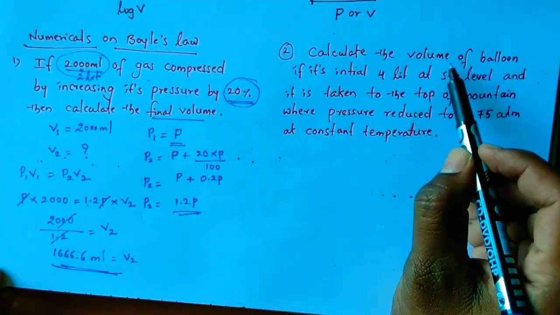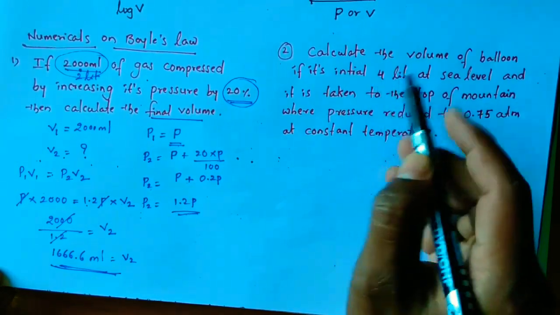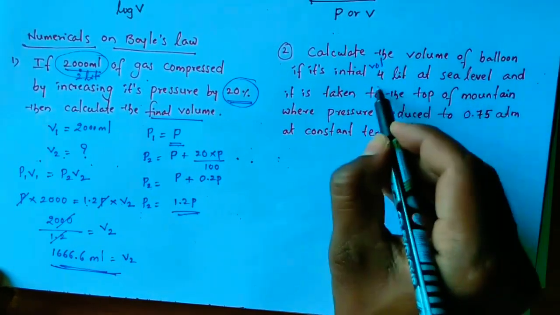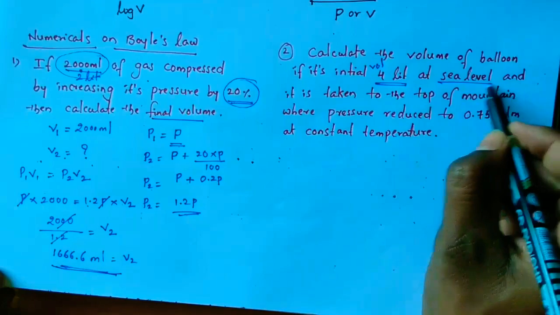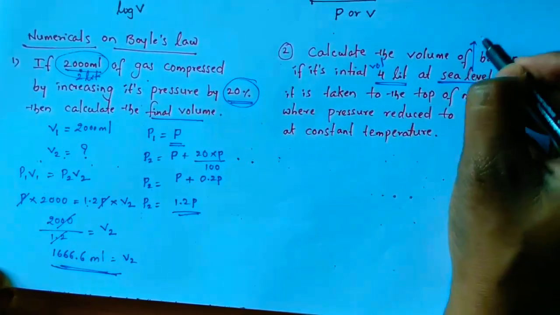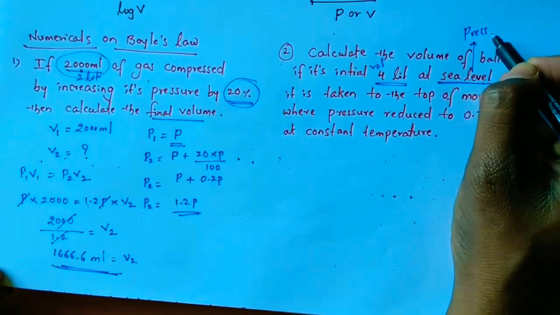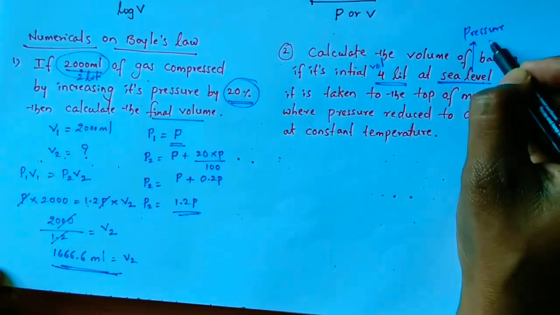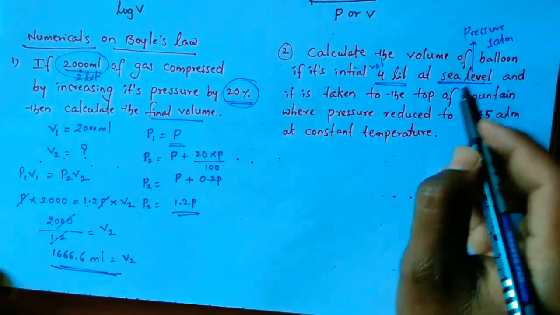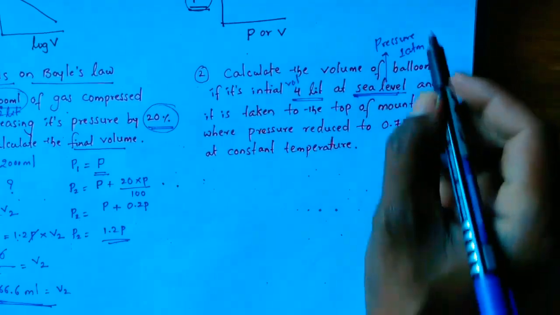Calculate the volume of a balloon if its initial volume is 4 liters at sea level. Sea level means normal conditions, and the pressure at sea level is 1 atmosphere. If they mention sea level, then we have to take the pressure as 1 atmosphere.